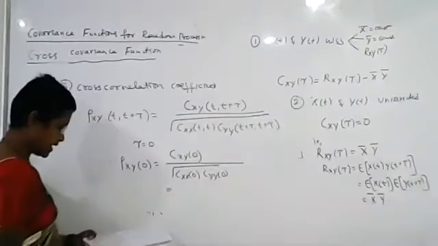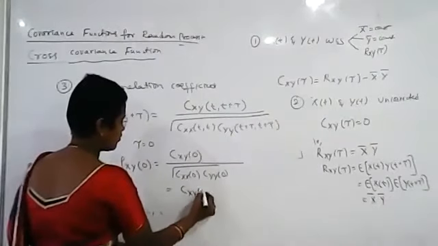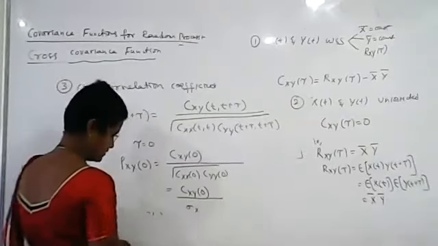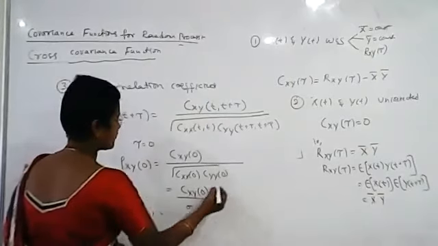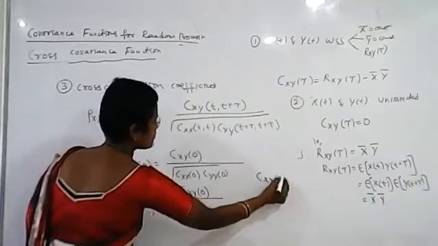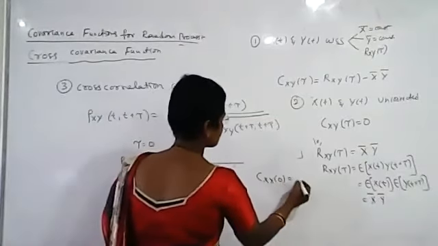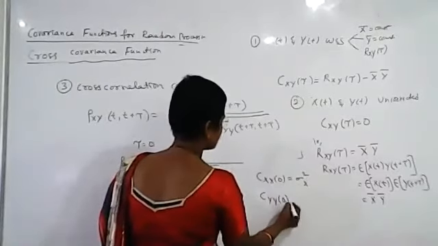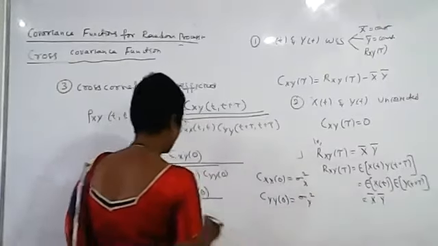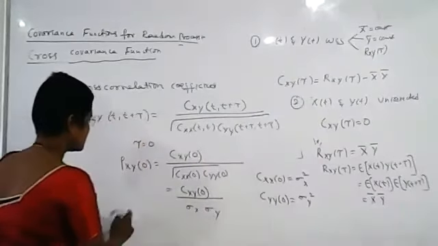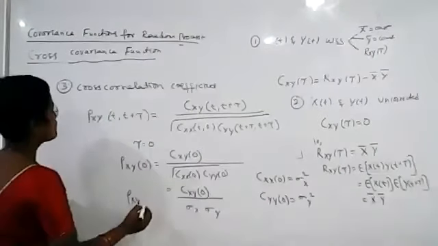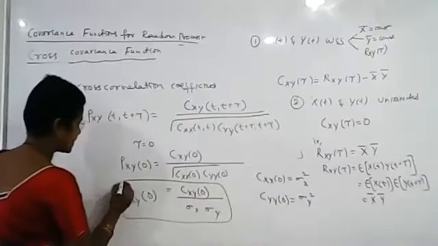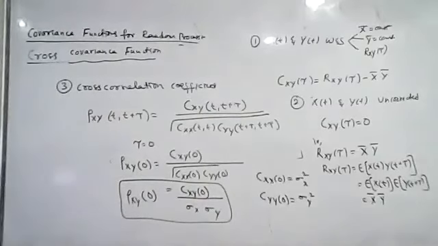We know from the previous case that Cxx of 0 is sigma x square, and similarly Cyy of 0 is sigma y square. So we get sigma x times sigma y in the denominator. This is the formula for the cross correlation coefficient when tau is equal to 0. These are the three cases we have in the case of the cross correlation coefficient.